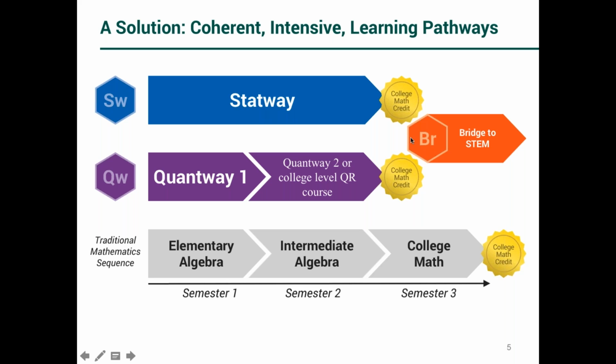Also, the design is based on a cohort structure, meaning that we expect that the students and their instructors stay together for the whole year. And based on our analyses of the institutions in our network, we have learned, and this is one of our big lessons learned, that outcomes are significantly improved when this particular aspect of the Statway design is implemented. And you can imagine for a lot of institutions, this is a bit of a logistical challenge to keep the students together across a whole year.